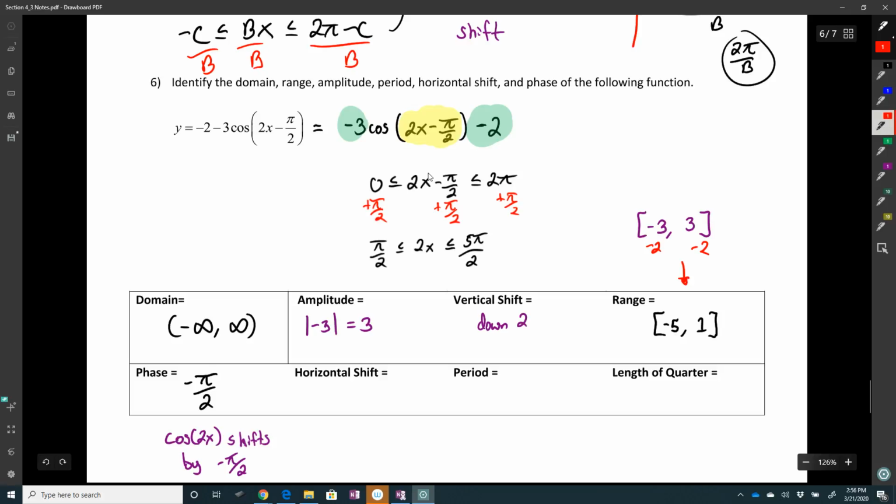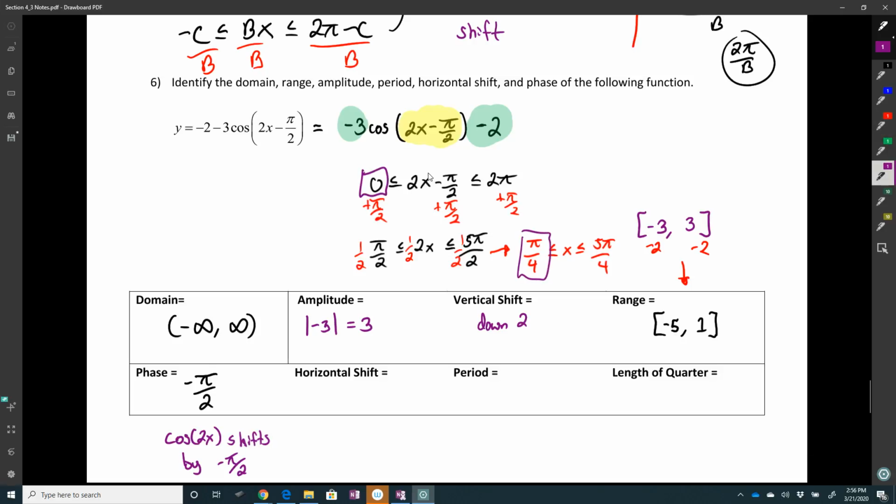And then I divide or multiply by a half, and so I get pi over 4. So we can see that my function shifted from 0 and it became pi over 4.